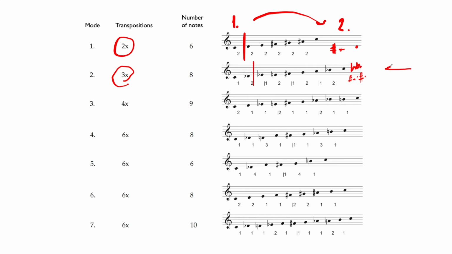Especially this second one, the octatonic scale, is particularly favored by Messiaen. And there are also other modes, but you see the number of possibilities of transposition increases.